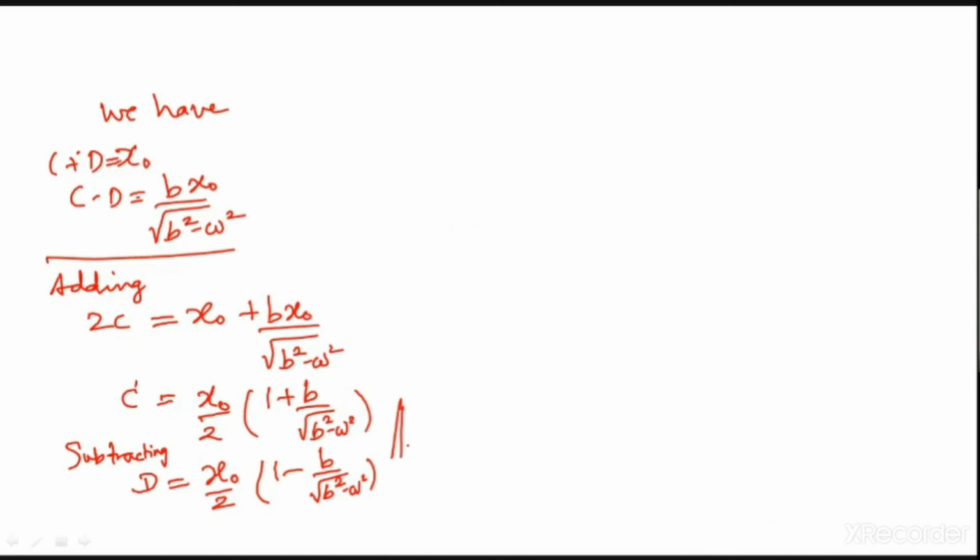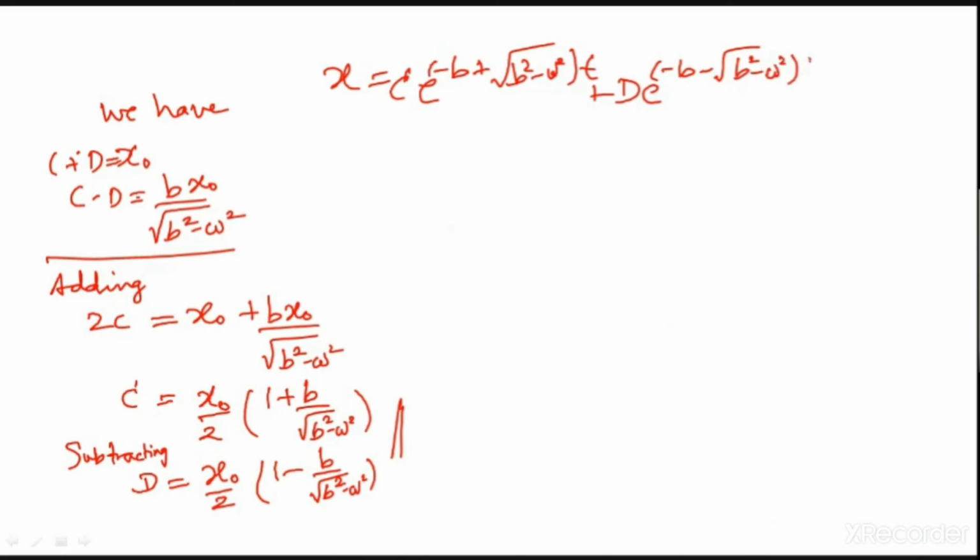What was our expression for x? x is equal to c e to the power of minus b plus root of b square minus omega square t, plus d e to the power of minus b minus root of b square minus omega square t. Isn't it? So we got c and d from here.